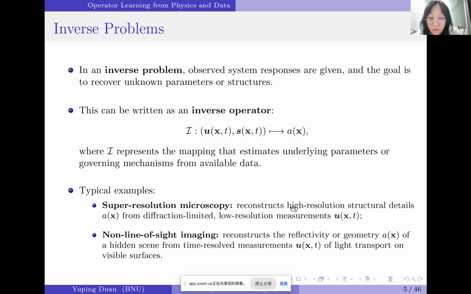For example, we can recover the high resolution image in super resolution microscopy, or recover a hidden scene in non-line-of-sight imaging.